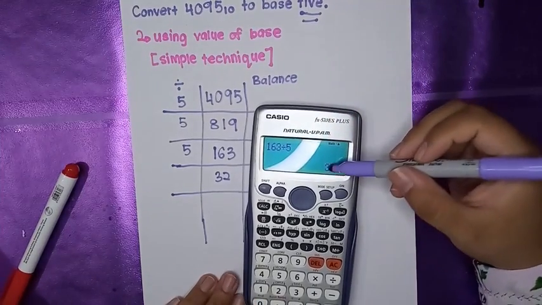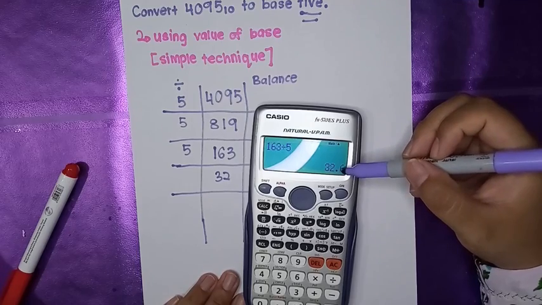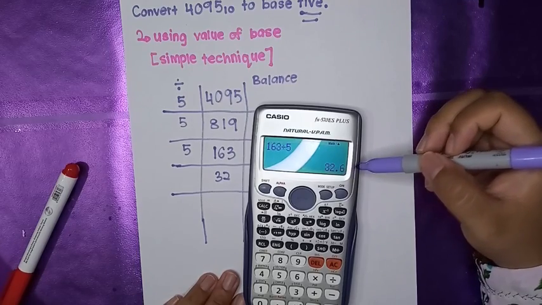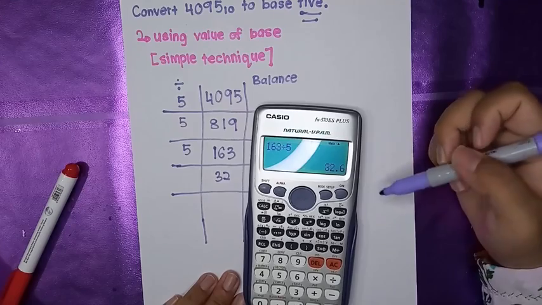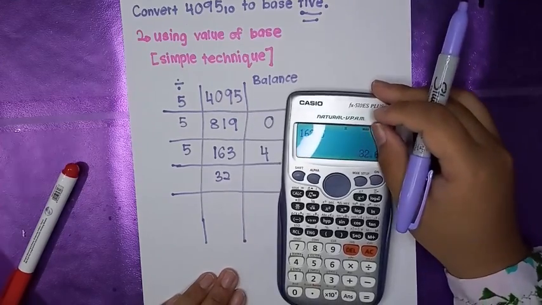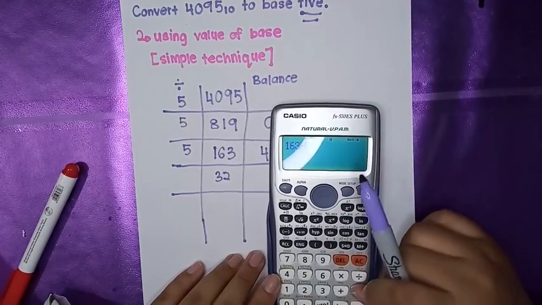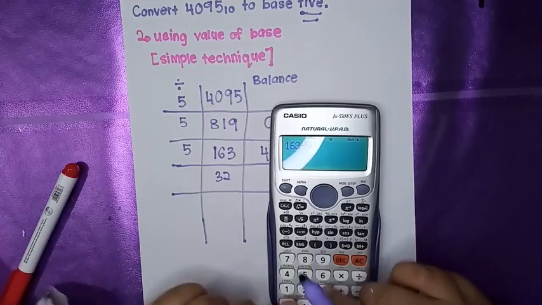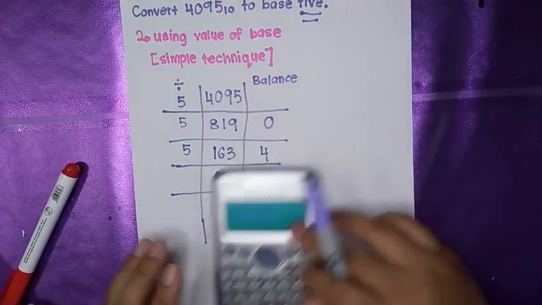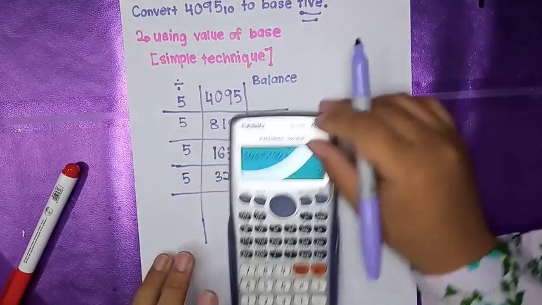We only take 32. We will not take the 6 after the decimal place. We check for the balance. 163 minus 5 times 32, which is 3. The balance is 3. We divide again by 5.